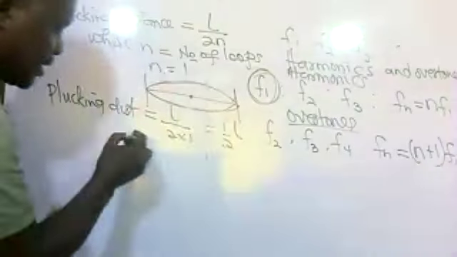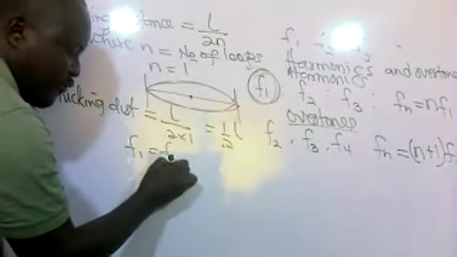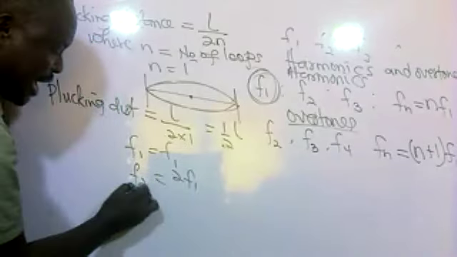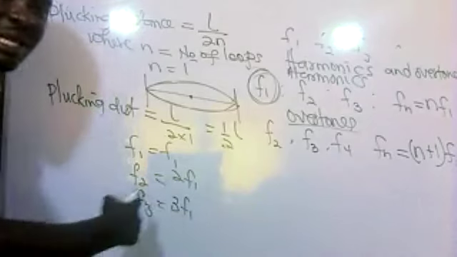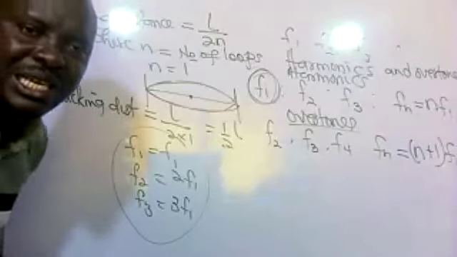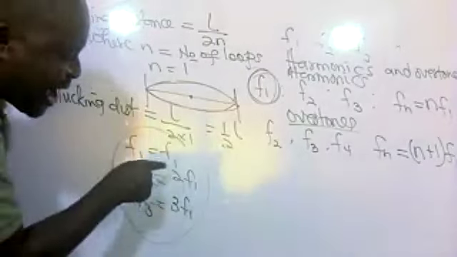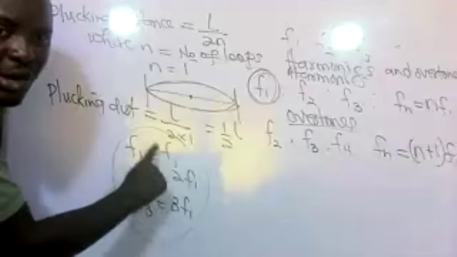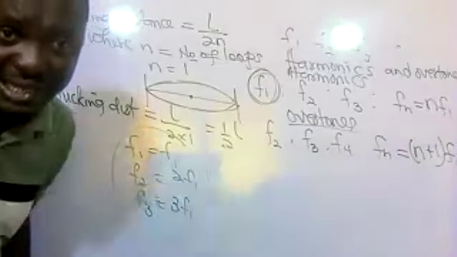So you see, F1 is F1, F2 is 2 times F1, F3 is 3 times F1. So these are the harmonics. They represent a set of frequencies which represent the integral multiple of the fundamental F1 frequency. And these are what we call harmonics.